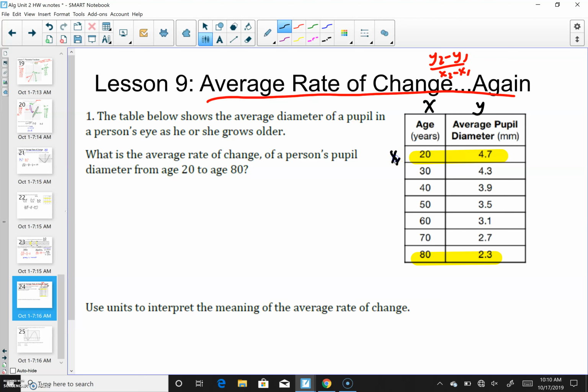All right. And again, the reason it decreases is because our average rate of change was negative. If it was positive, it would increase by 0.04 millimeters per year. But since it's negative, we're going to decrease.